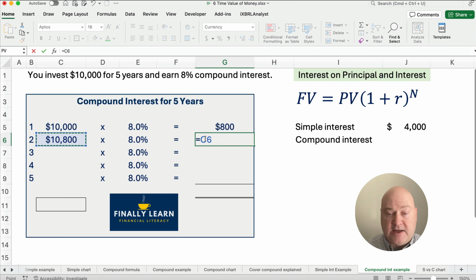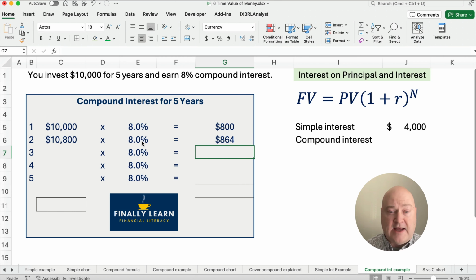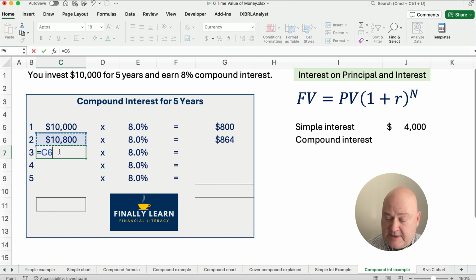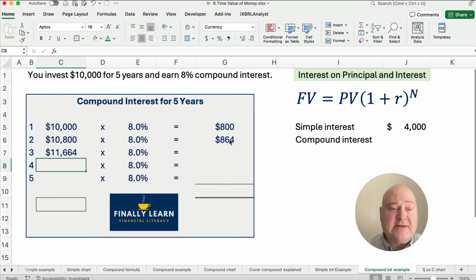So 10,800 times 8%, and now we have 864. Where did that extra $64 come from? Well, it's 8% on top of the 800. That's $64. So what we're going to do every time is take the preceding number, add the interest. So now the balance goes to $11,664.